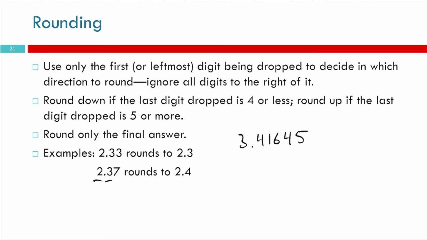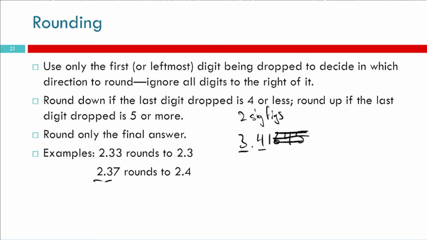And what it means by the leftmost digit is, if we had 3.41645, and we want two significant figures. By the way, if I write sig figs on any of your assignments next to something, that means you got them wrong. So we want two sig figs here. We're going to do 1, 2, and we don't care about any of the rest of this.